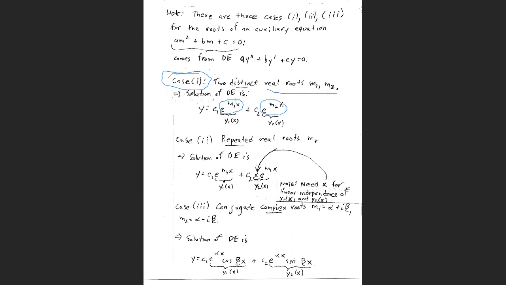Because m1 and m2 are different, these two solutions are linearly independent. So the general solution would be, by the superposition principle, a linear combination of those two homogeneous solutions. Okay, so that's case one.